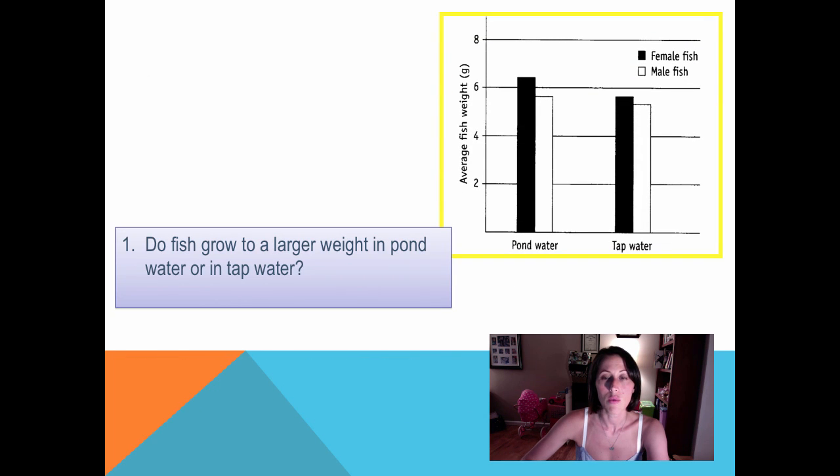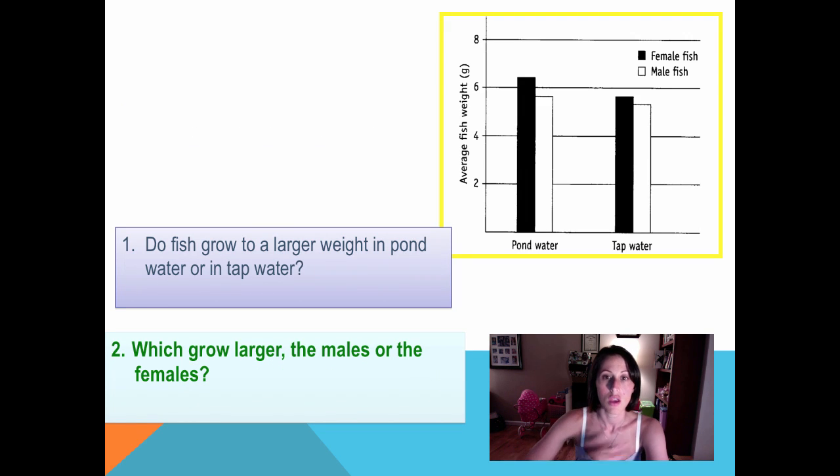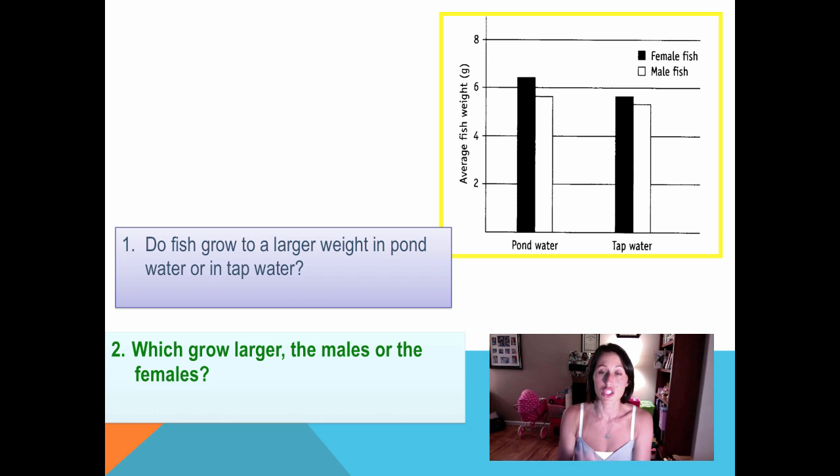All right, now we are looking at a bar graph. And just so you know, line graphs are often used to show growth over time or change at different components of the experiment. Like in the last one, we were looking at how things changed at different measurements of that fertilizer.